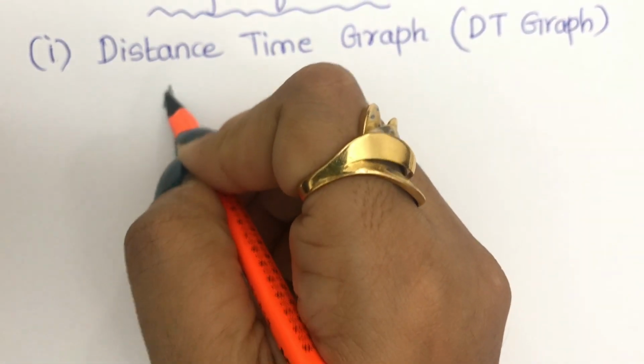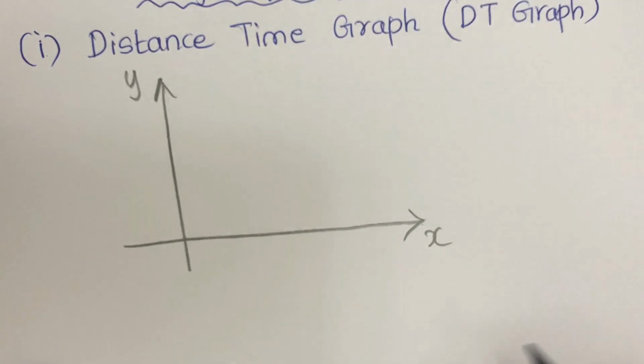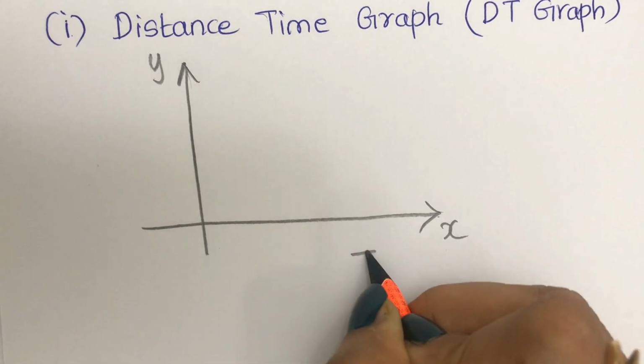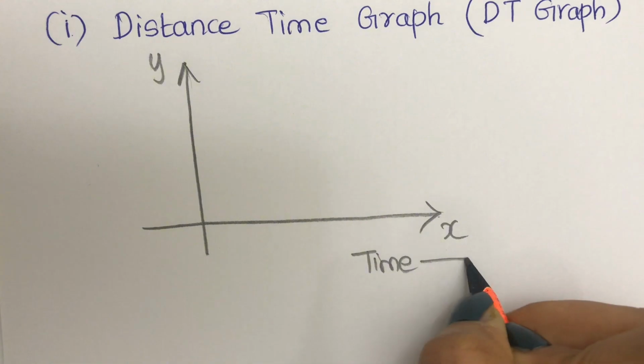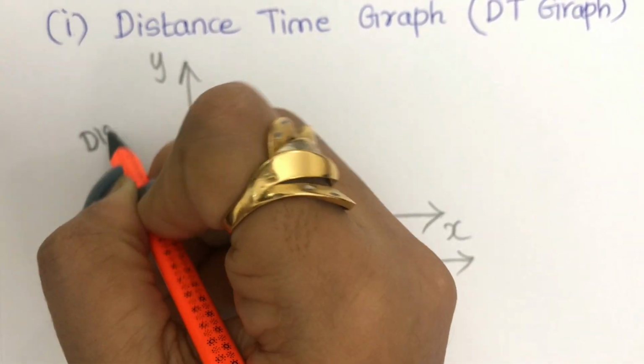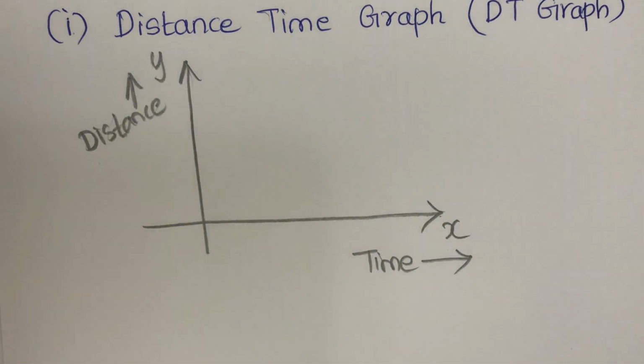So in a distance time graph, usually time we represent on the x-axis and distance will be represented on the y-axis.